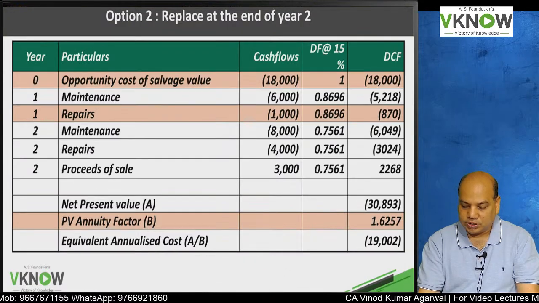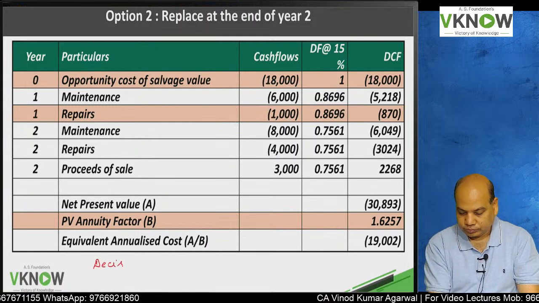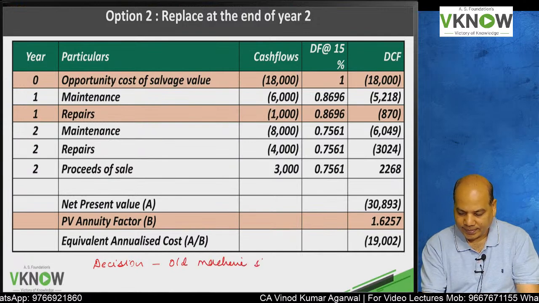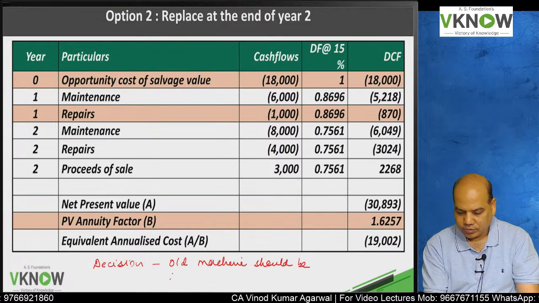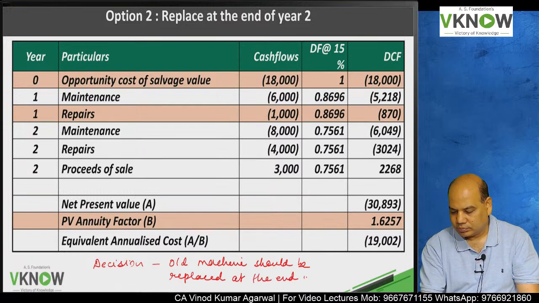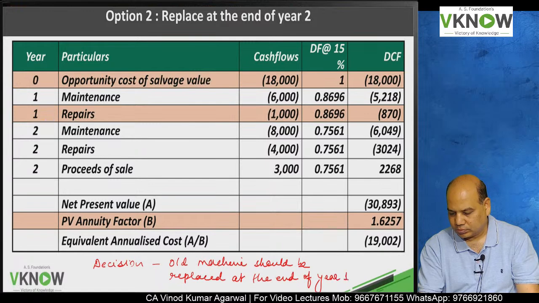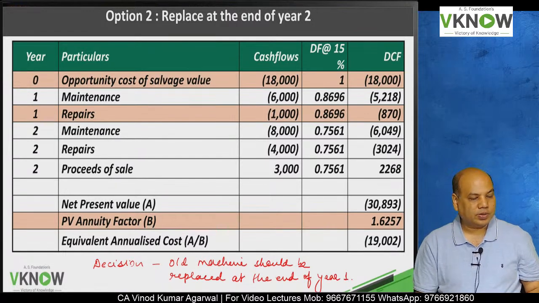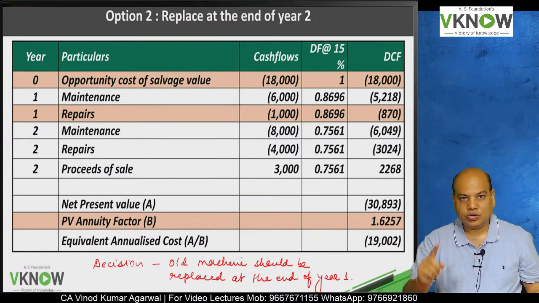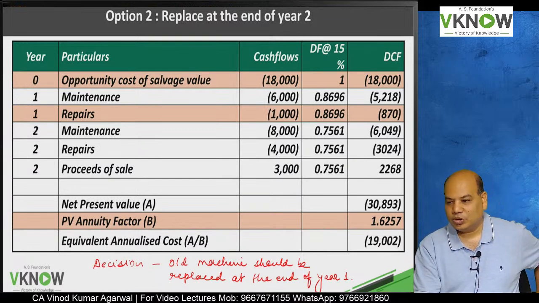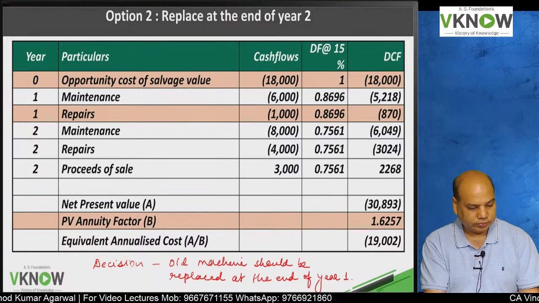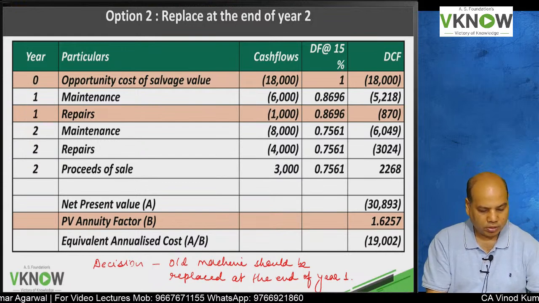Write down the decision: old machine should be replaced at the end of year 1, because EAC is lowest. Right?